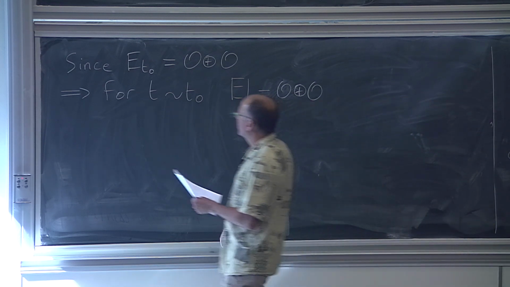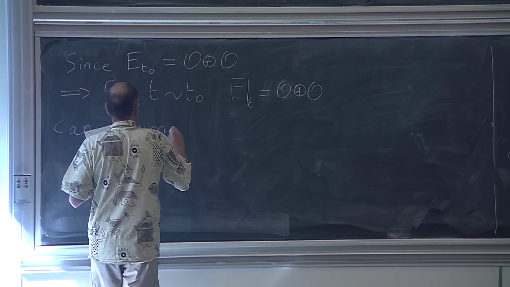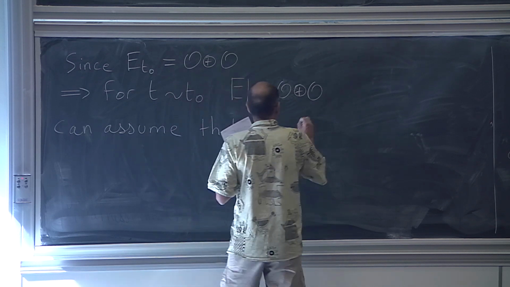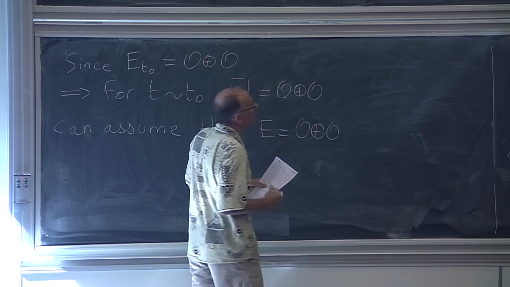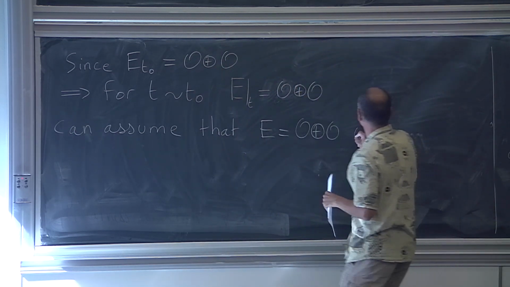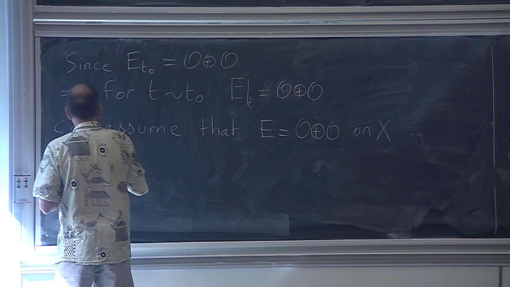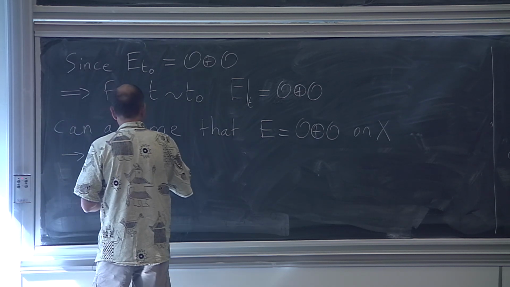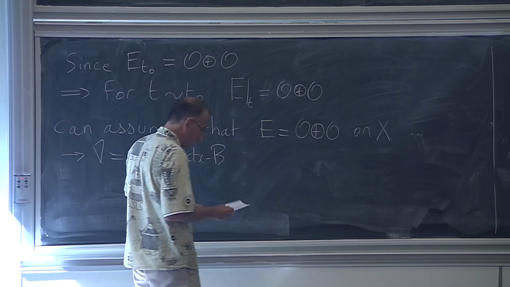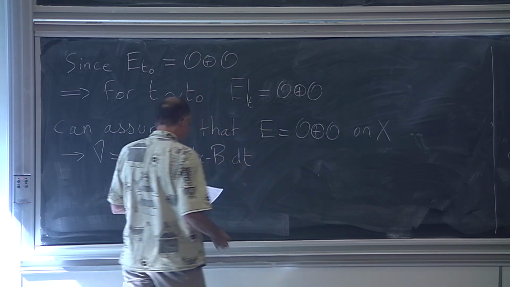And then you can assume that E is O plus O globally on X. And then nabla is of the form d minus A dx minus, I change the sign, okay, B dt.